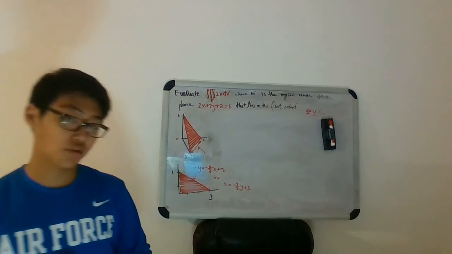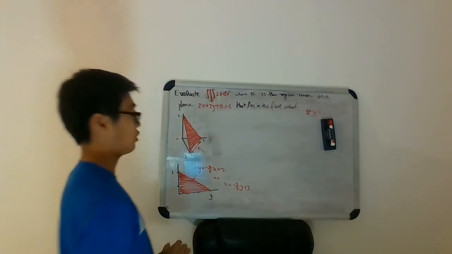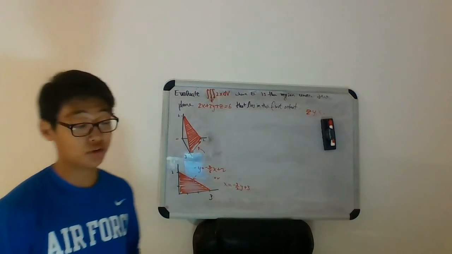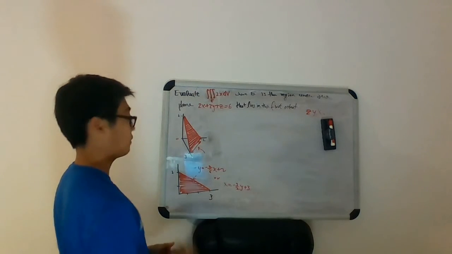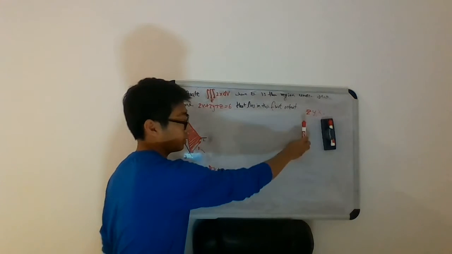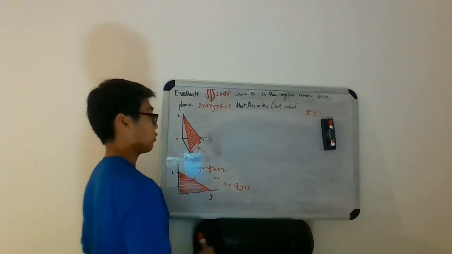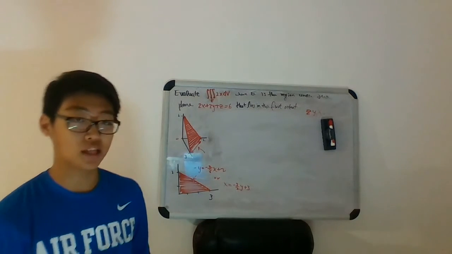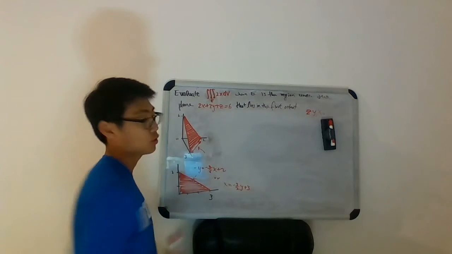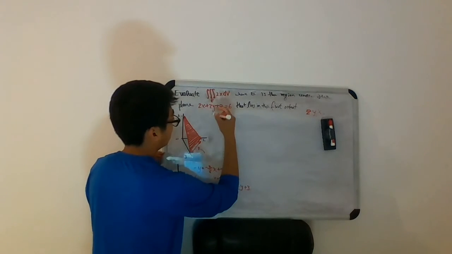And now to set up the integral, we have to determine the limits of integration, which are the upper and lower bounds of the integrals. For this particular problem, I'm going to be integrating with respect to z first, then y, then x. If I'm going to integrate with respect to z first, I have to find the limits of integration for the z-axis first.